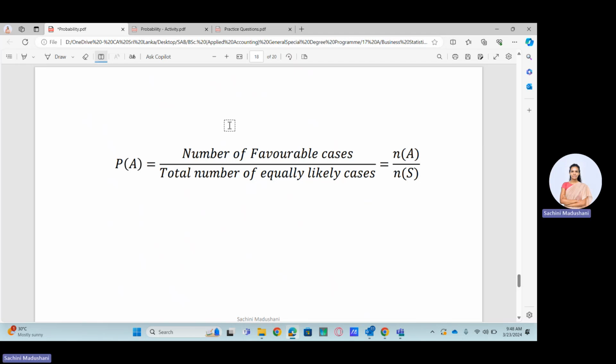Then we need to take the union. How do we get the union? Union means the whole space. Union means this: all the possible outcomes in the two events, A and B. First we take this circle.